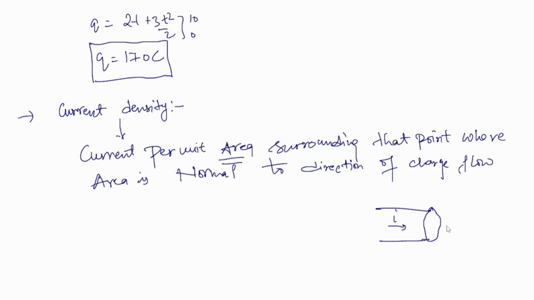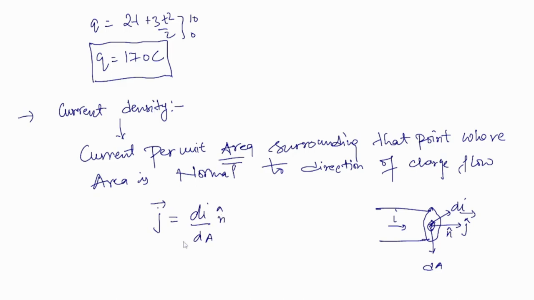Suppose an area element dA here is normal to it, and this will be the direction of current per unit area, or current density. Suppose this direction is unit vector n, and this is area dA, and let's say di current is flowing through it. Then vector j normal to this can be defined as di upon dA times unit vector n.